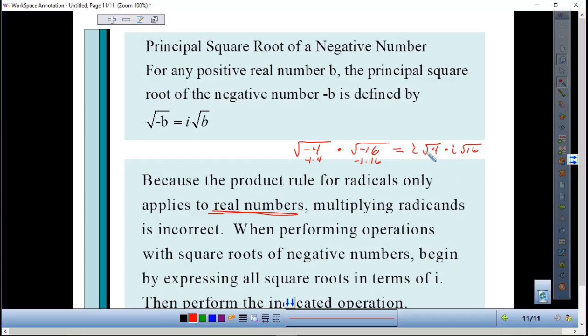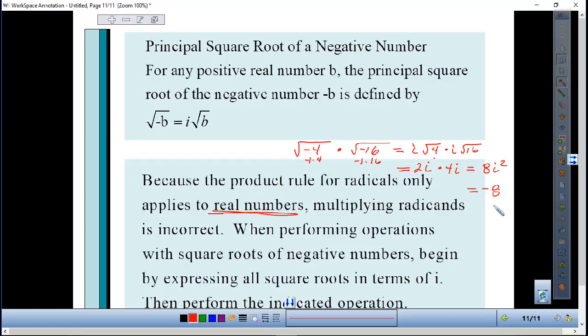So we could do 64i squared. Or you could have gone ahead and simplified this and found that to be 2i times 4i, and what happens there? We end up with 8i squared, which is negative 8, sorry.